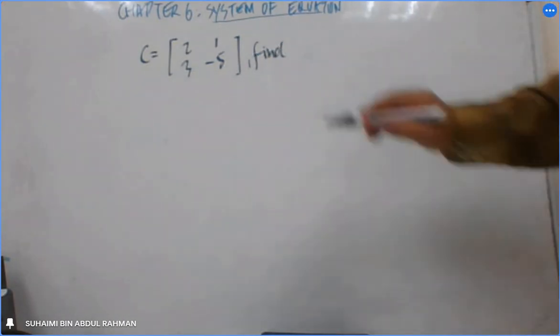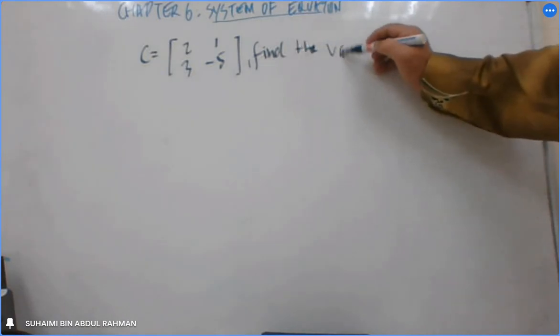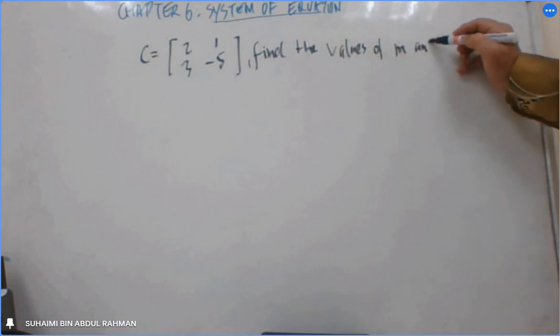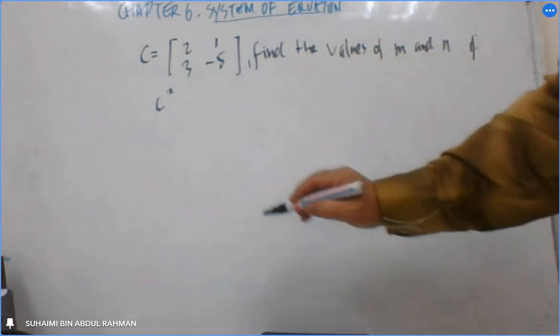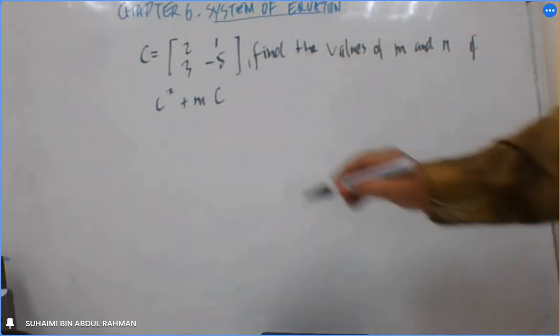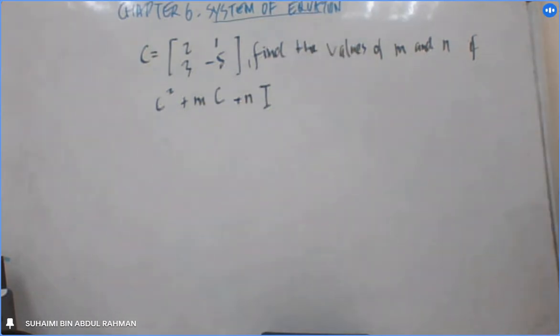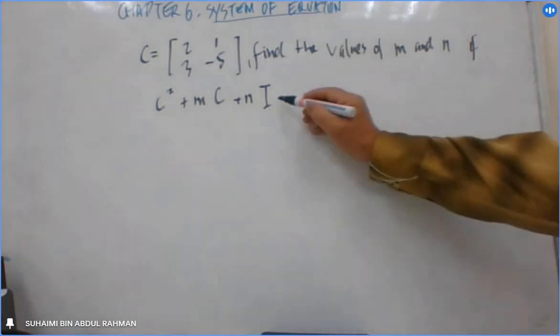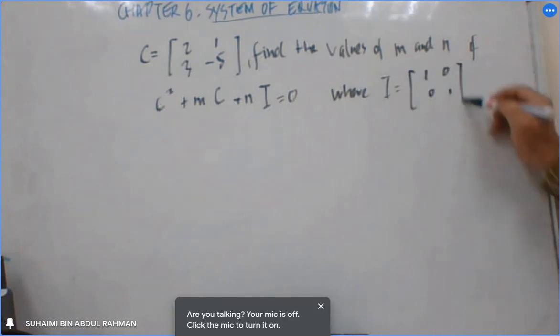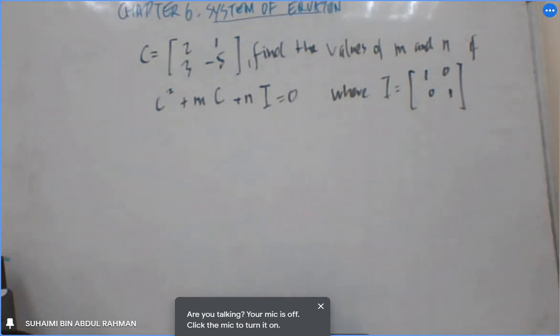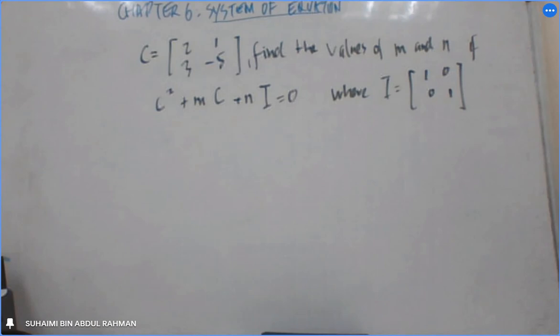Find the values of M and N if C square plus MC plus NI, remember the I is the identity matrix, equal to 0, where I is the identity matrix, the matrix of 1, 0, 0, 1.